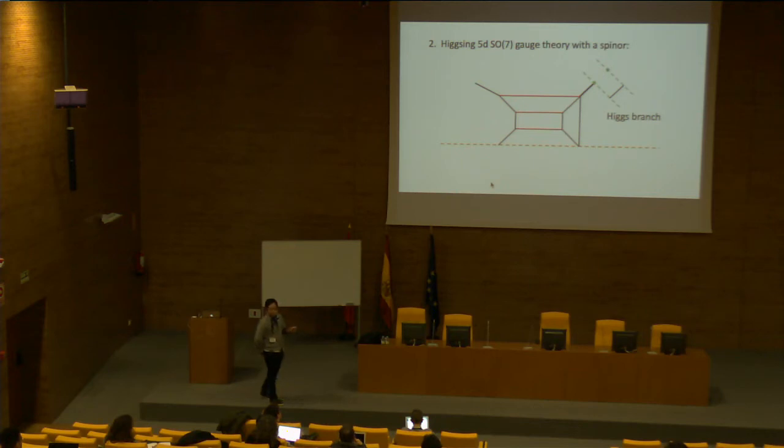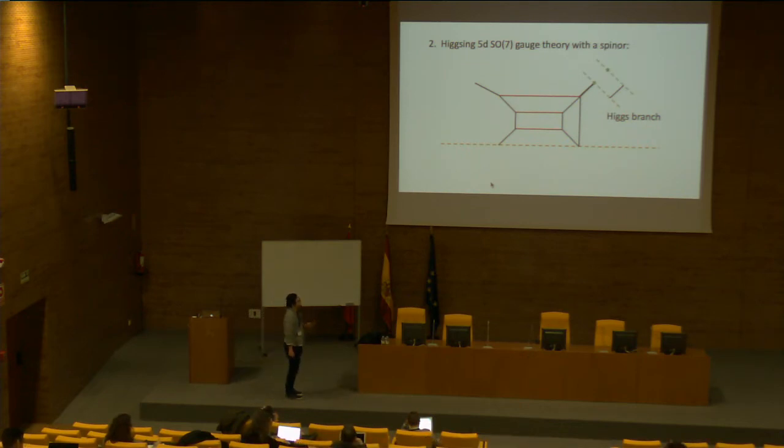I don't know what the variety of this one is, but this is some one-dimensional space. Maybe, yeah, okay. It has SU(2) flavor symmetry and one dimension, so probably that's correct. So this is the Higgs branch of this SO(7) gauge theory with one spinor matter.